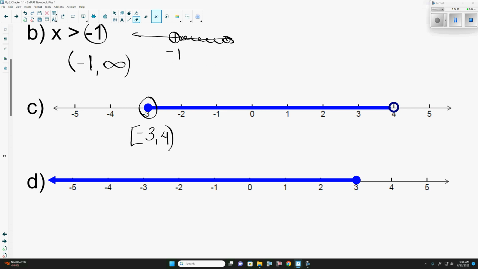And if we wanted to write this as an inequality, we would say -3 is less than or equal to x is less than 4.